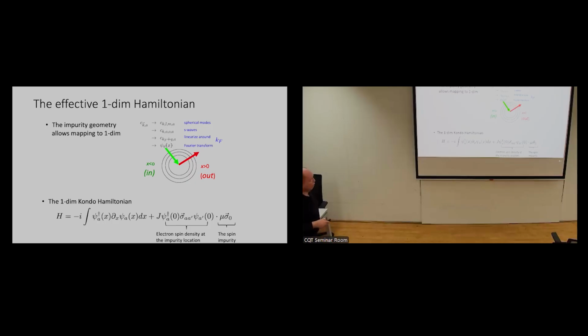Notice that I have an impurity geometry. So I can think about the angular modes of the electron coming in, scattering, and going out. So I take the radial mode, or the S wave component, and I obtain a 1-dimensional Kondo Hamiltonian. So this is the kinetic term. This is the interaction with the localized magnetic moment.